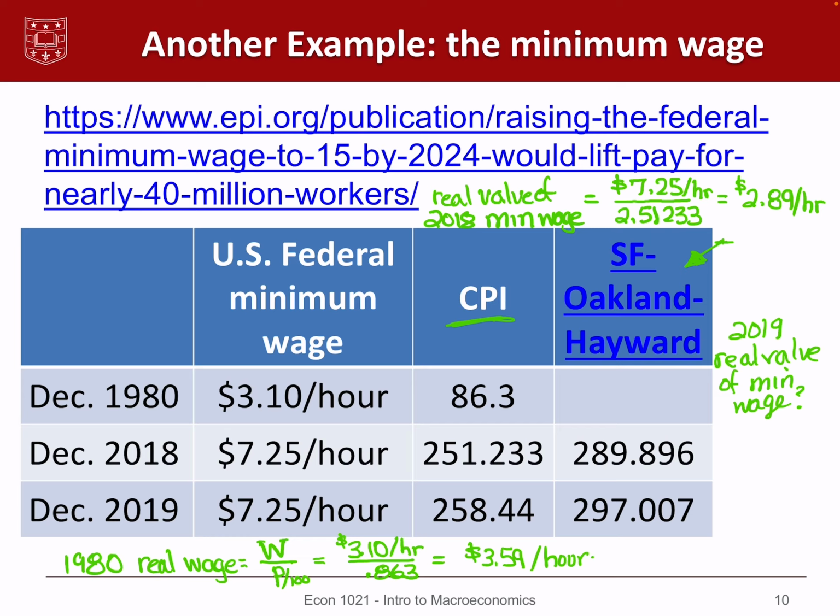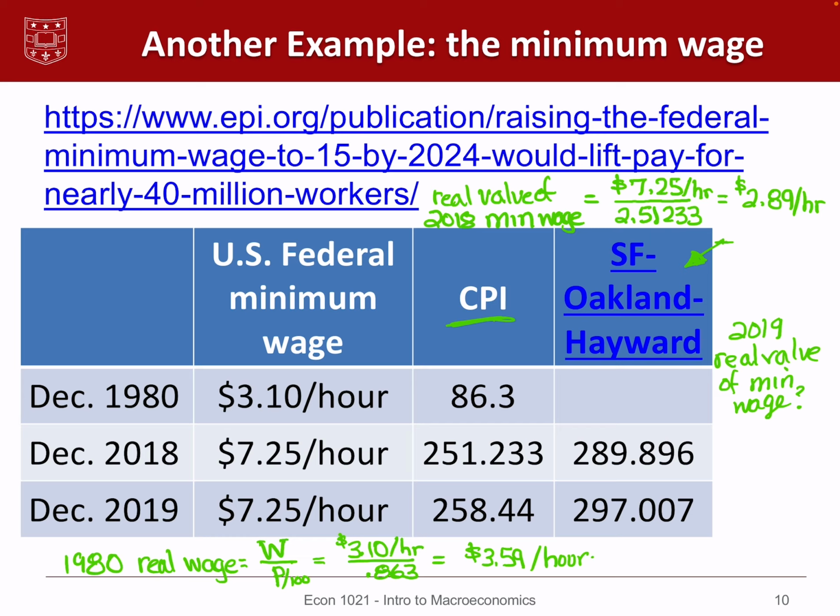So I just pulled the CPI for the San Francisco, Oakland, and Hayward, California metropolitan area. You can see, and it should come as no surprise, that the price index for overall prices in that area is higher than it is for the national average.